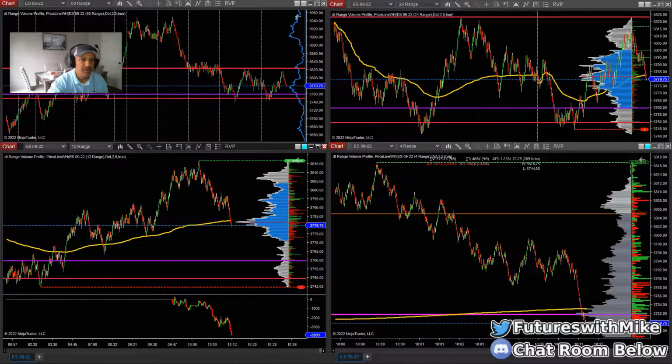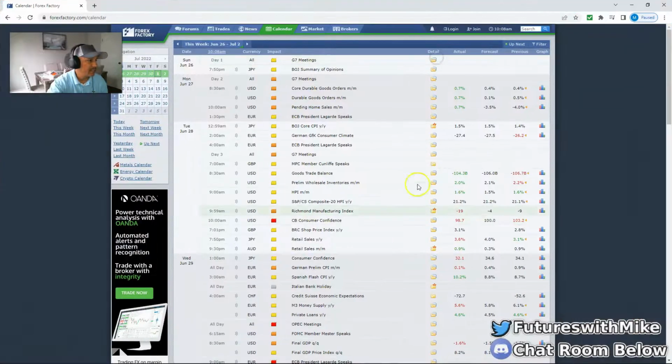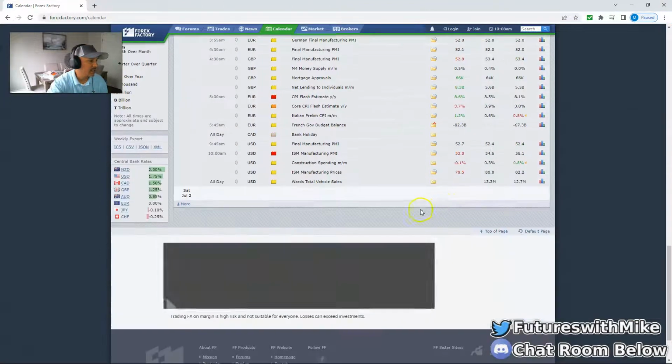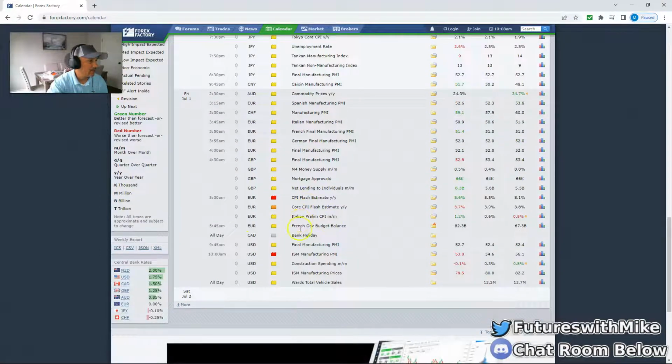We did have a little bit of news. Looks like the market is still a little volatile right now. ISM manufacturing PMI came out at 10 today, so the market is a little volatile and it looks like it's pushing to the downside.